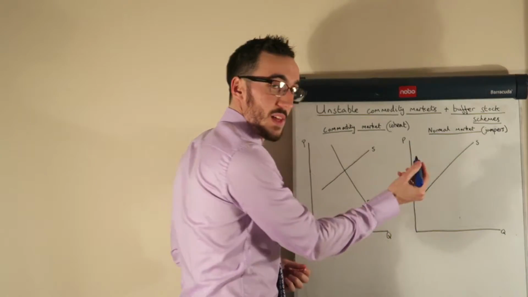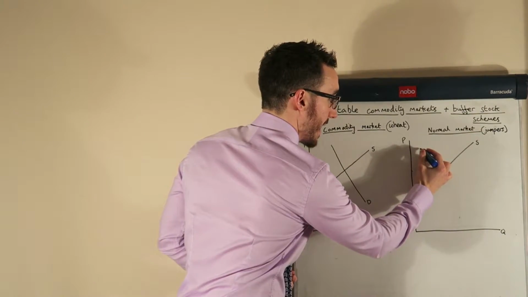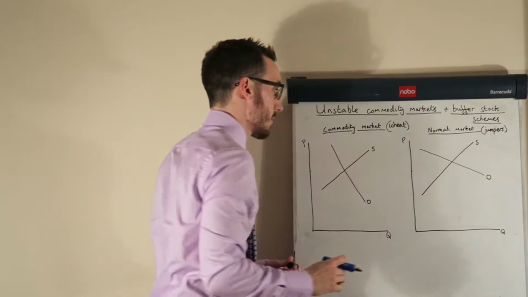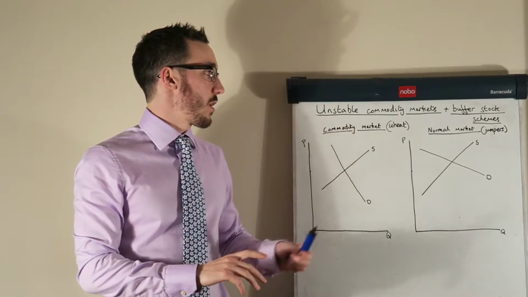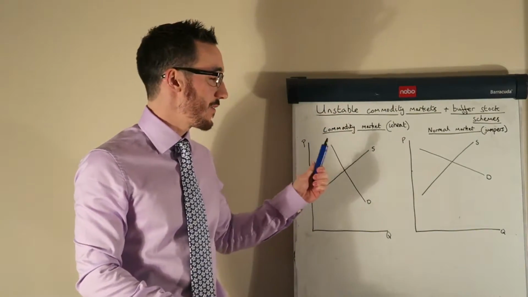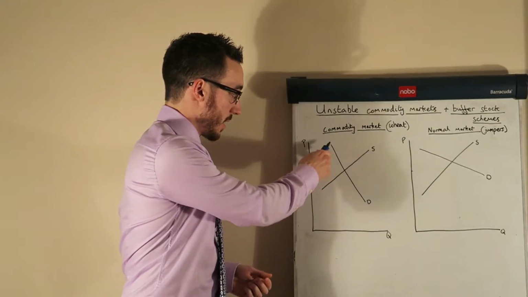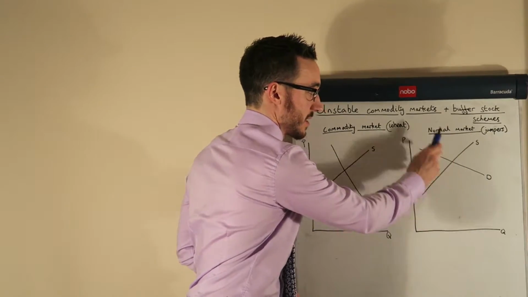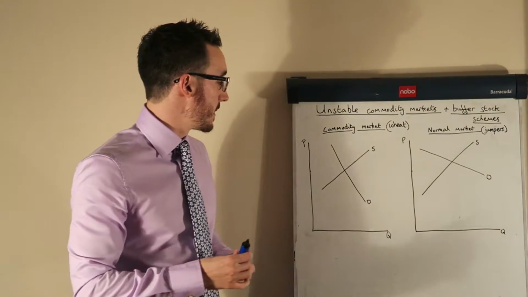So the demand curve, therefore, is relatively elastic, like this. So within this unit, we're looking at the commodity markets, and as you can see, the difference is quite an inelastic demand curve compared to an elastic demand curve as seen with normal markets.